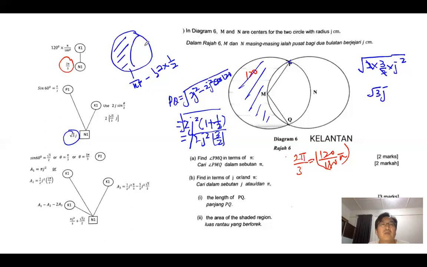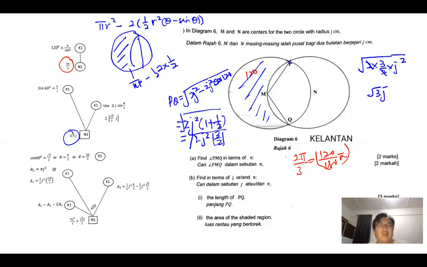Okay, one circle, you minus the two segments, right? So pi r square minus 2 times half r square theta minus sine theta, right?